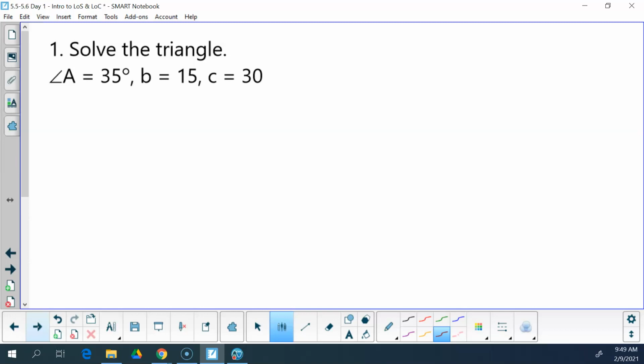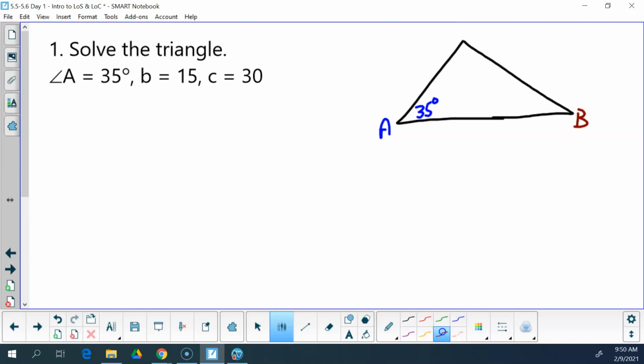So I would start by drawing yourself a picture of any old triangle. Okay? Filling in your values just like we did before. A is 35 degrees. We'll call this B, and we'll call this C. So then side B would be 15, and side C would be 30.